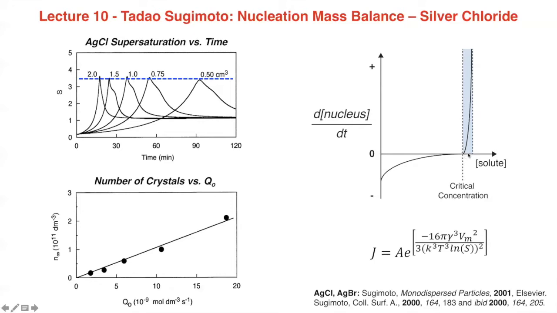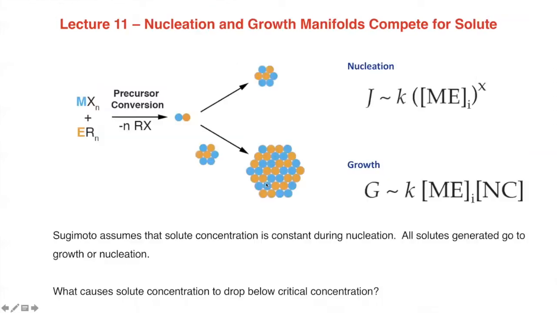And so because that's the case, the solute concentration can't go much beyond this critical limit. And if it does, instead of pushing the concentration up, you just produce nuclei. Okay, so that was, as I said, Sugimoto's justification. So let's take a look here at this in a slightly different format, in a more graphical type of a relation.